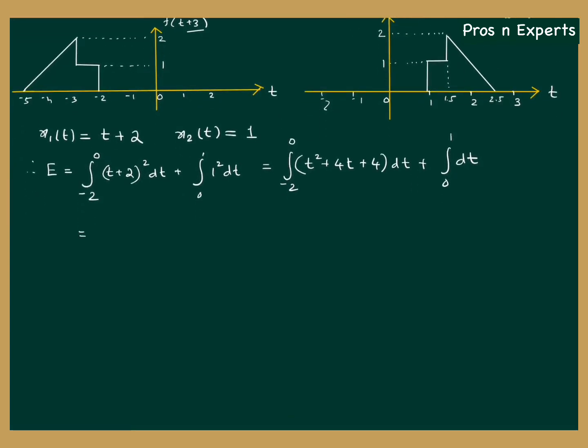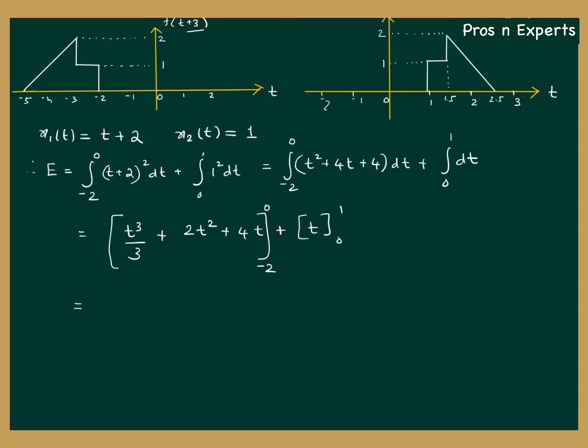Now we can find it as the integral: t square is t cube by 3, plus 4 into t square by 2, which will give you 2t square, plus 4t. This is within the limits minus 2 to 0, plus the integral of dt is t within the limits 0 to 1.